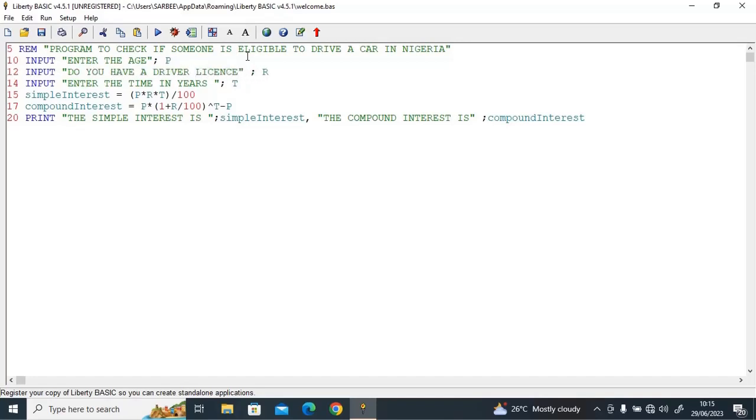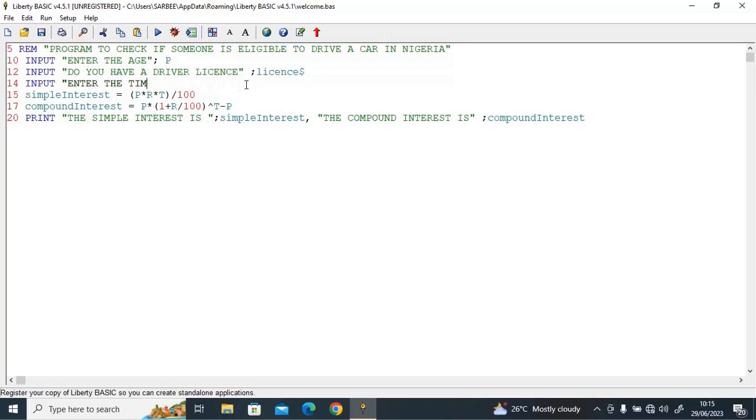This one's going to be a variable. So something like this. Driver license. Let me put license. So it's going to be a dollar sign like this. License.